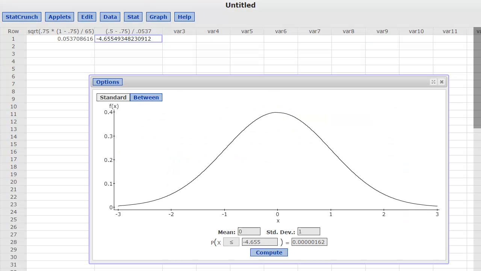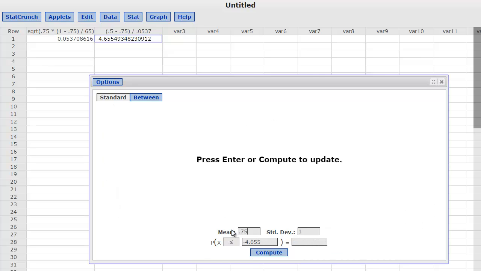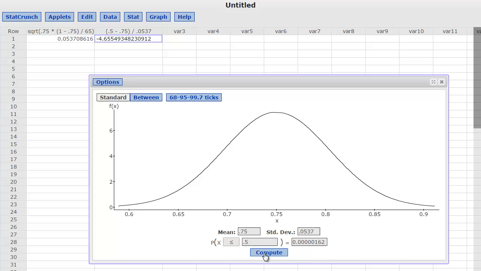So what you can do instead of calculating the z-score is go ahead and make the mean, excuse me, 0.75. You can make the standard deviation 0.054, that we got from up here, and you can put in the p-value less than 0.5 and then compute.